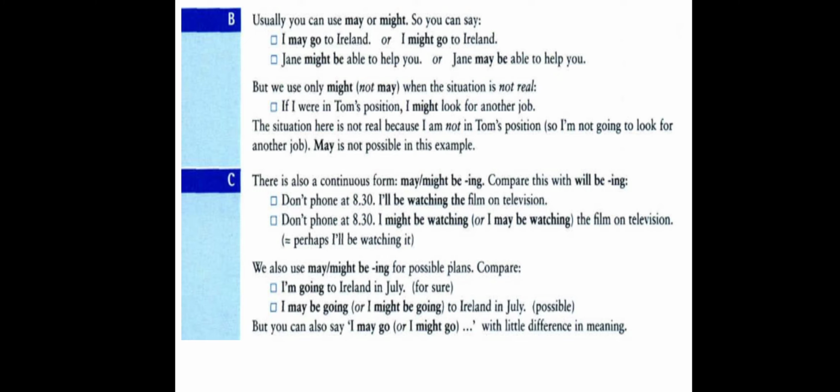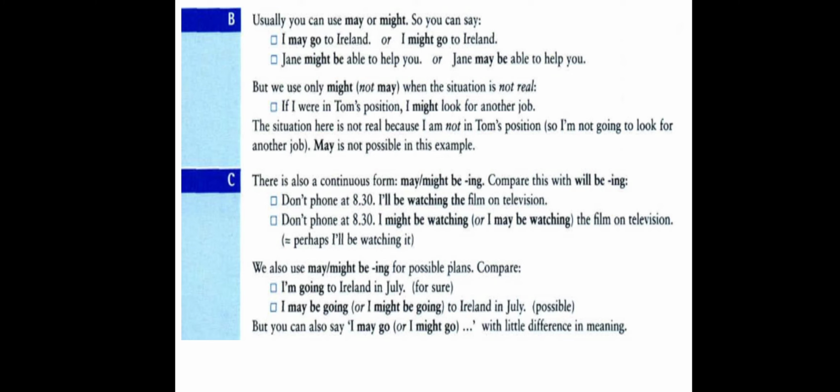We also use may and might be plus verb plus ing for possible plans. And here we speak about possible plans. We don't speak about plans, we speak about possible plans.